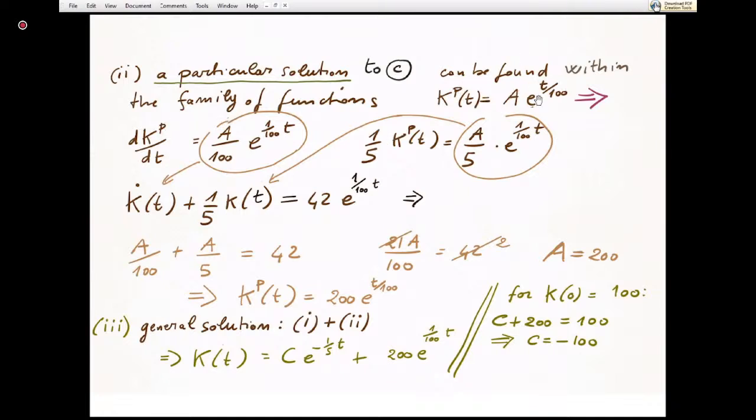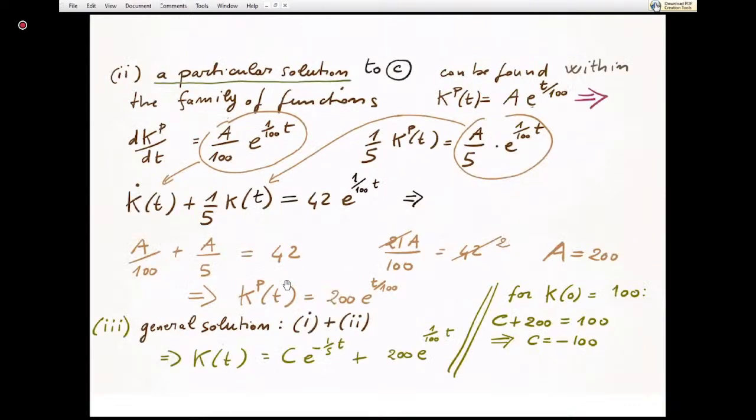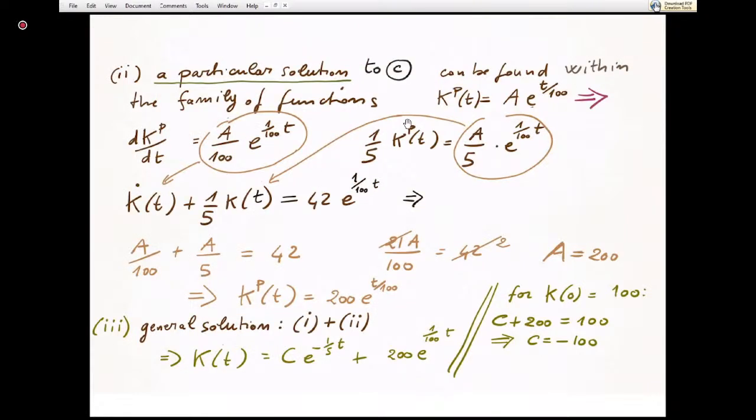If this is true, the derivative of k particular with respect to t is A over 100 times this. On the other hand, what appears here, 1 over 5 kt, which will be moved to the left, 1 over 5 kp is just A over 5 times this.